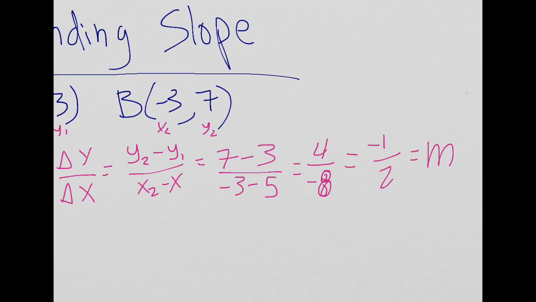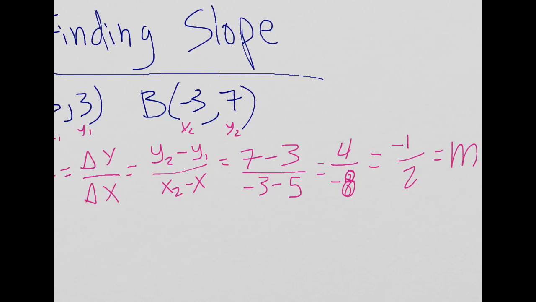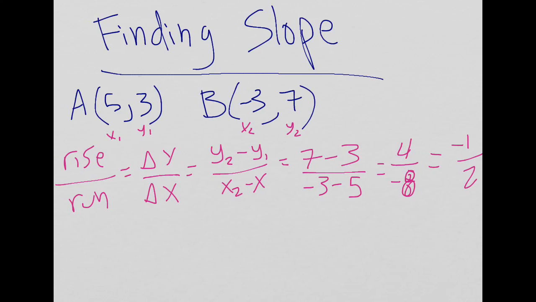Now I want to illustrate something important here. It wouldn't have made a difference if I chose point B to be my first point and point A to be my second point. So imagine I flipped this and did positive 3 minus 7 divided by 5 minus negative 3.